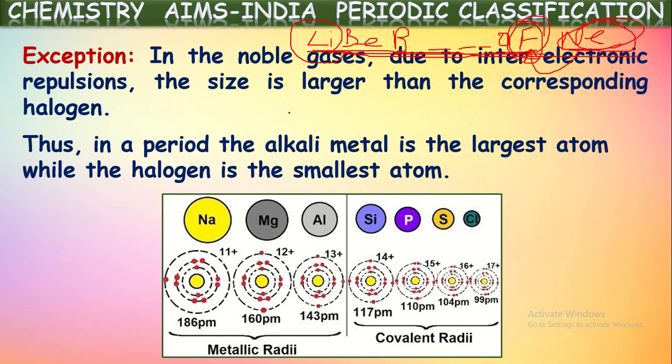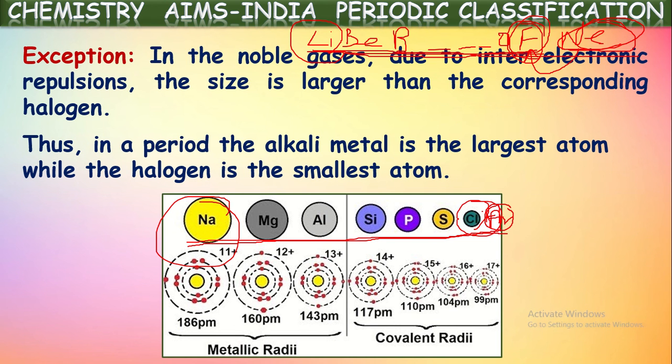So this is a diagram. So if you see third period, from sodium to argon, generally size decreases. But to say clearly, size decreases from sodium to chlorine and it increases a little to argon. Now the biggest sized atom in this period is sodium. The smallest sized atom in this period is chlorine.